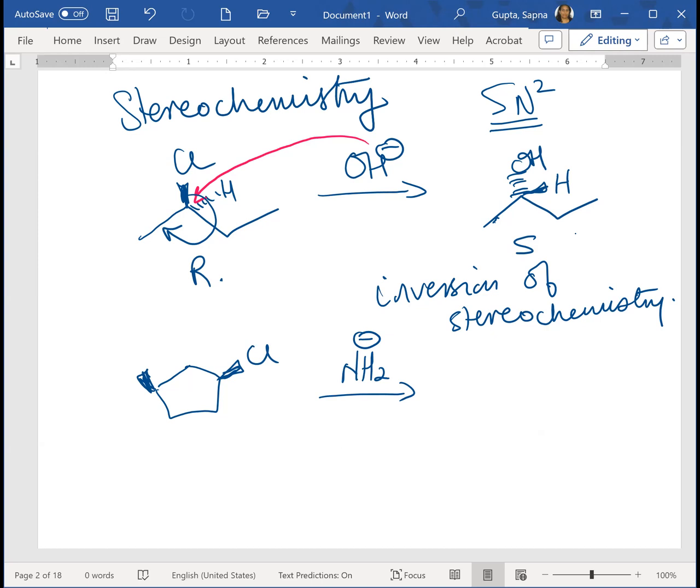So NH2 minus is amide. So now with the backside attack, my final product is going to be a trans product. And then I also have the leaving group. And in case you're wondering why I'm not writing the leaving group, here, I'll write it for now. But generally we end up kind of forgetting about it sometimes, but I'll write it.